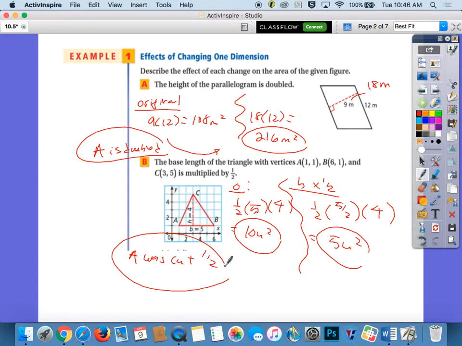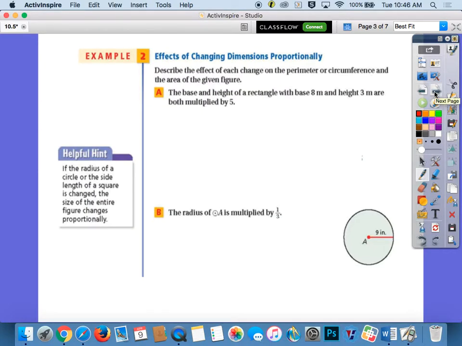So let's see if we can see some patterns developing. Looking at example 2, we want to describe the effect of each change on the perimeter or circumference and the area of each given figure. The base and the height of a rectangle with base 8 and height 3 are both multiplied by 5.